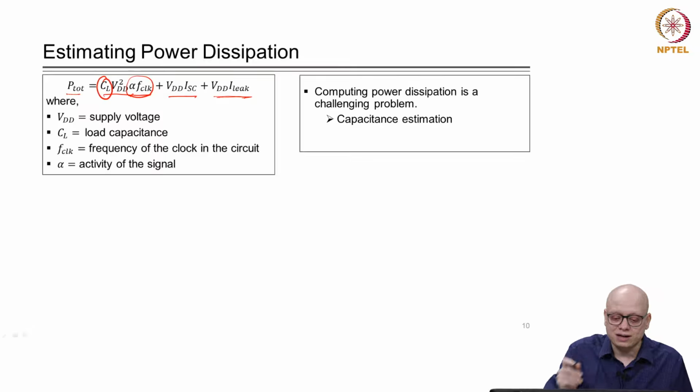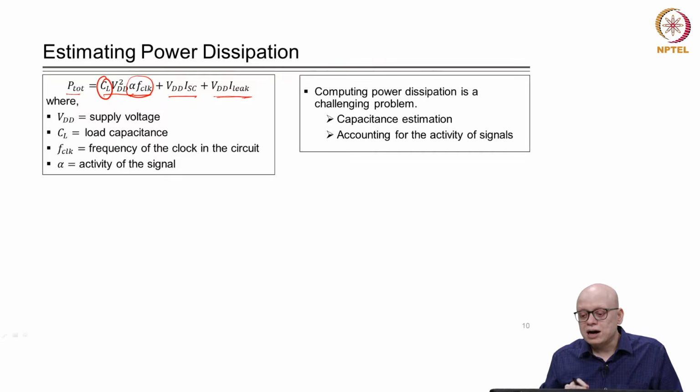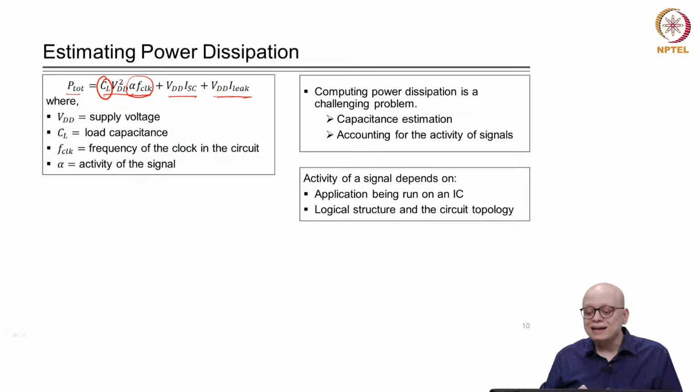the activity. Accounting for the activity of the signal is very difficult or very tricky. Why is it difficult? Because the activity of the signal depends upon the application being run. For example, let us assume that we are designing a processor.